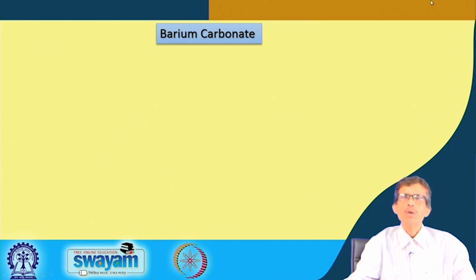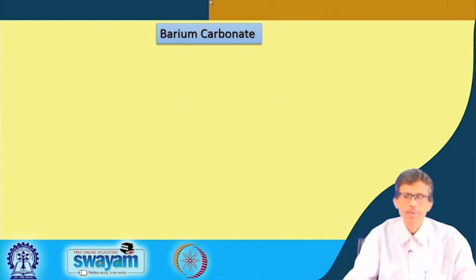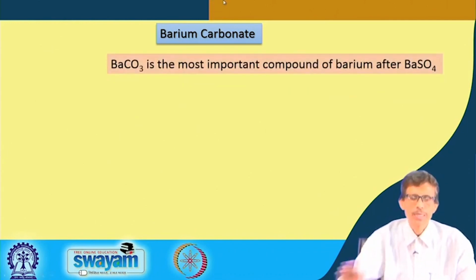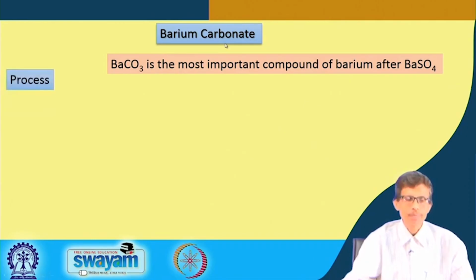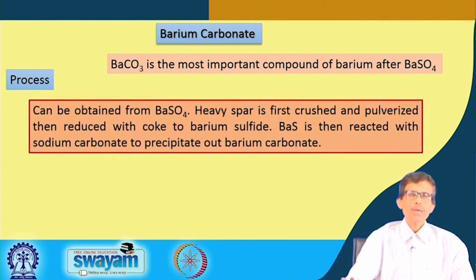The first compound we can think of and understand here is barium carbonate, which is the most important compound of barium after barium sulphate. And how we make that particular compound is from barium sulphate, because it is readily available as heavy spar.